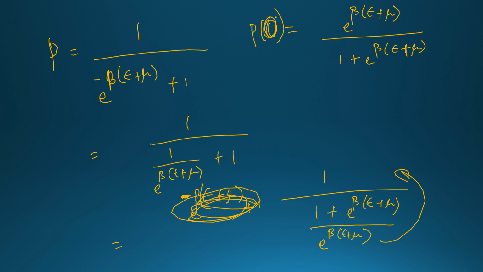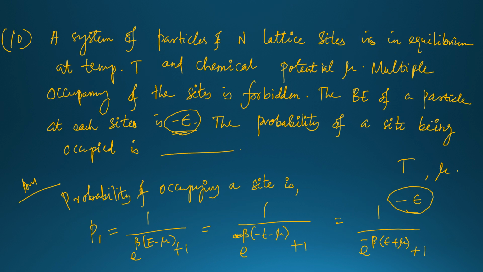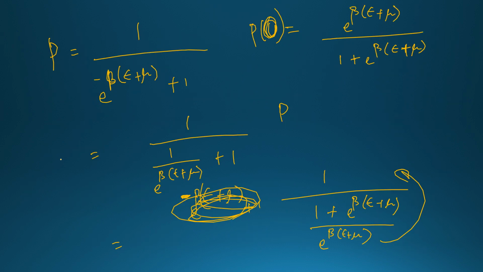Suppose occupation is O. So what will be the probability of non-occupation? The question is actually probability of a site being not occupied. So the probability of a site not occupied would be 1 minus the probability of a site occupied, isn't it?